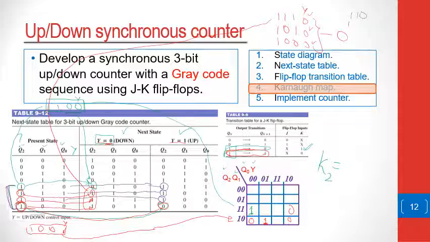The first one is this one, 1, 1, 0. The second one is 1, 1, 1. The third one is 1, 0, 1. And in this case, the y input is 1 because we are talking about the up count. All of this falls under the up count. So this is 1, 1, and 1.